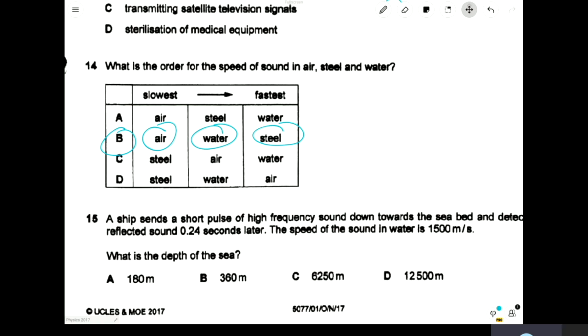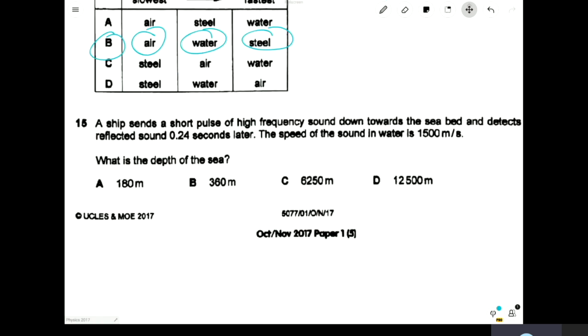So this one: the speed of sound in air, steel, and water. Steel is solid, so solid is the fastest. Okay, next. A ship sends a short pulse of sound. What's the depth? The speed of sound is 1005 meters per second.